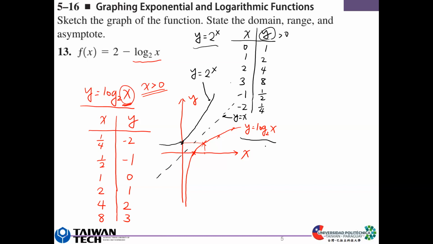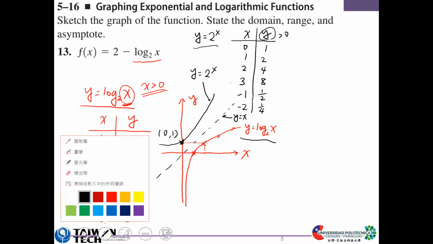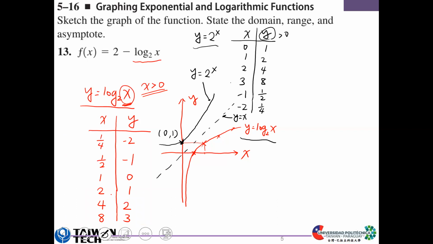So this point is 0, 1, and the point here is 1, 0.